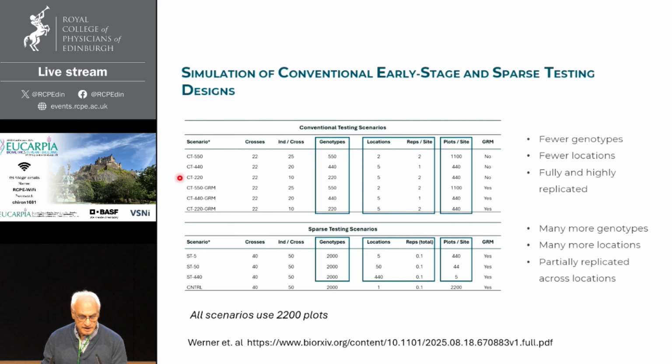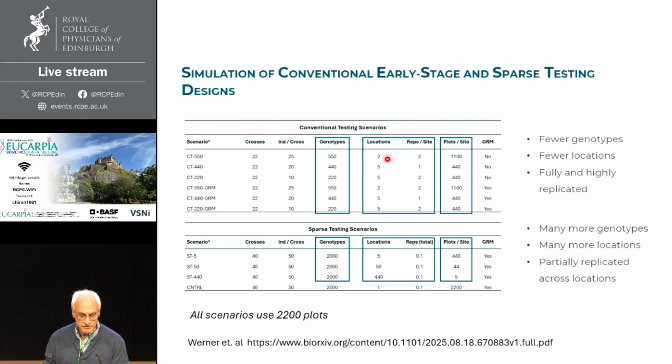So he looked at 3 population sizes, 220, 440, or 550 candidates from a total of 22 crosses with different numbers of individuals per cross to make up the total number of selection candidates.